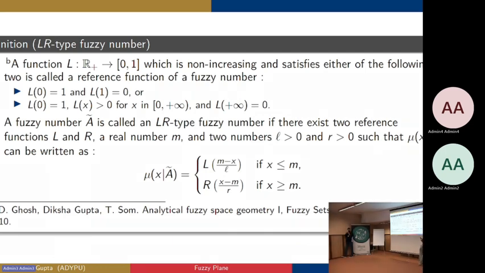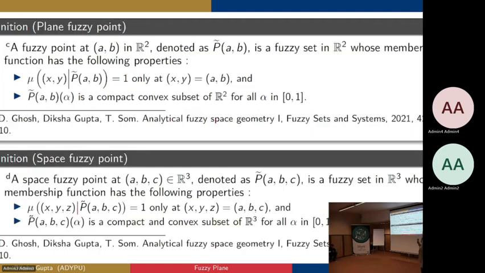A function L from R positive to the closed interval [0, 1] which is non-increasing and satisfies these conditions is called a reference function, and a fuzzy number is called an LR type fuzzy number if there exist two reference functions L and R whose membership function is defined by this expression.